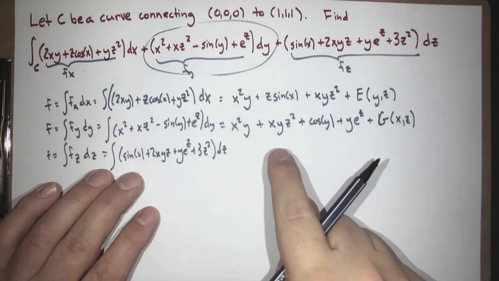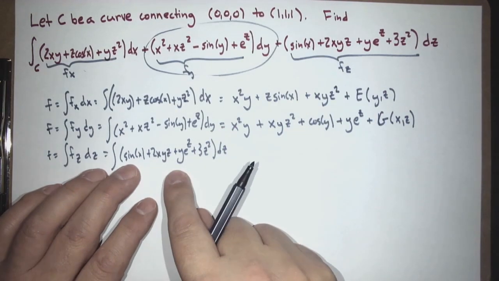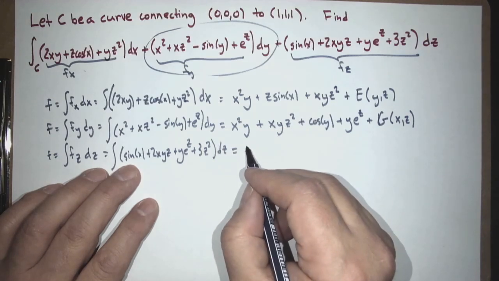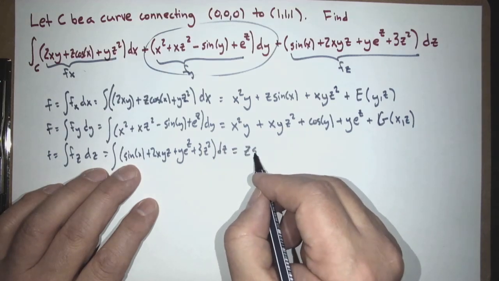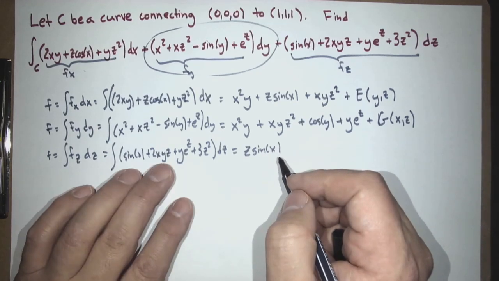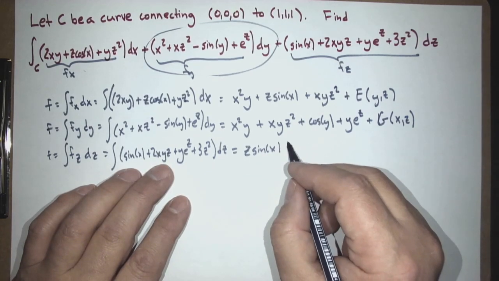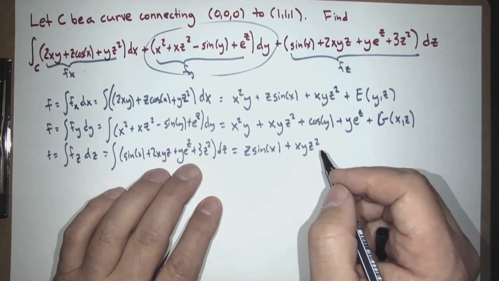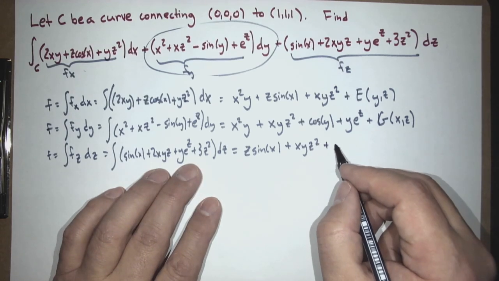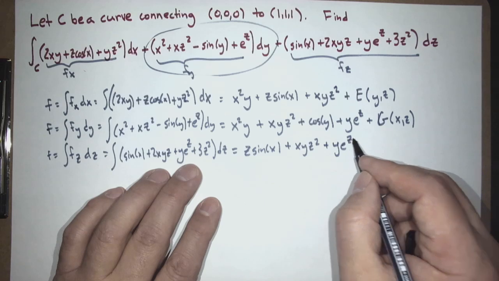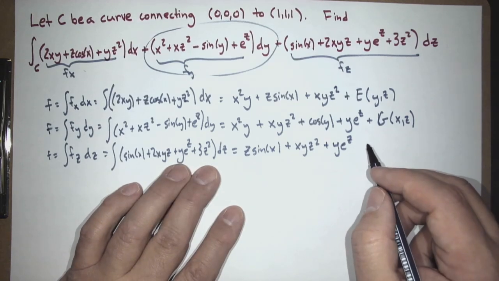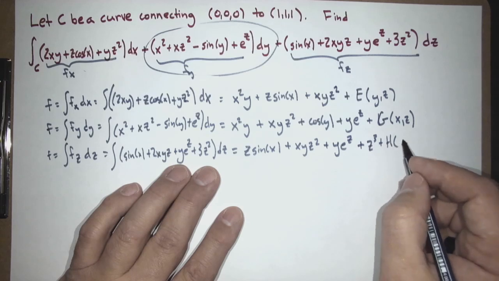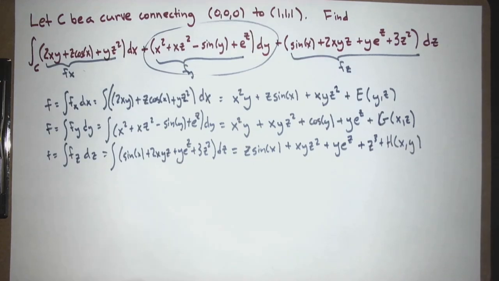And I want to talk about what happens. The integral of sine x with respect to z is z sine x. The integral of 2xyz with respect to z is xyz squared. The integral of y e to the z with respect to z is y e to the z. The integral of 3z squared with respect to z is z cubed. And something which depends only on x and y.